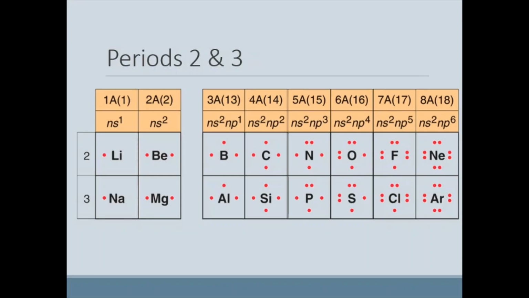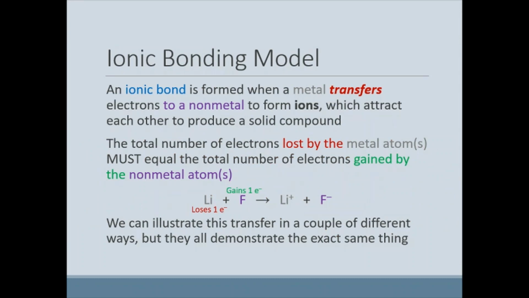I've talked about ionic bonding so much, but one thing you have to understand is you can illustrate how these things form ionic bonds in a couple different ways. We've talked about, in the last 3 chapters, 3 different ways that we can illustrate how these electrons are going to be bouncing around.